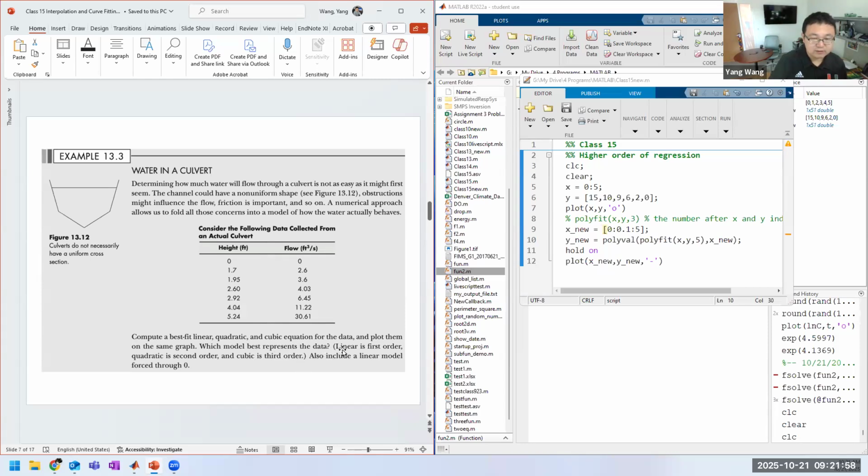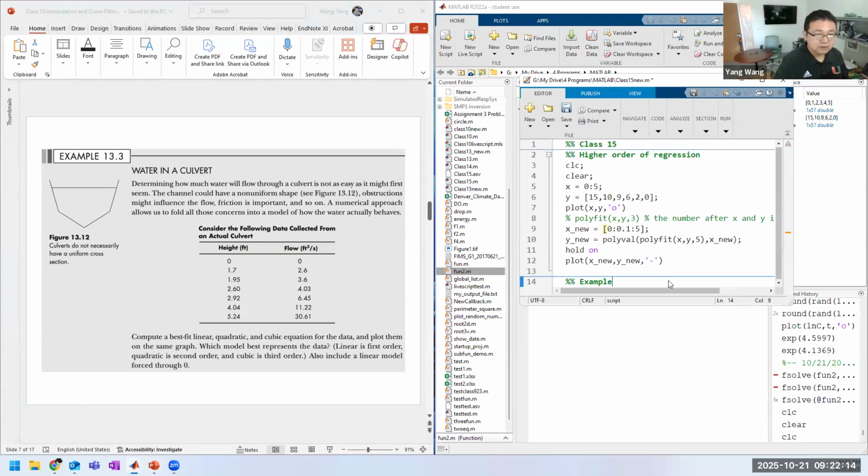Which model best represents the data? Linear is first order, quadratic second order, cubic is third order, and also include a linear model forced through zero, which is something we also showed in our last class.